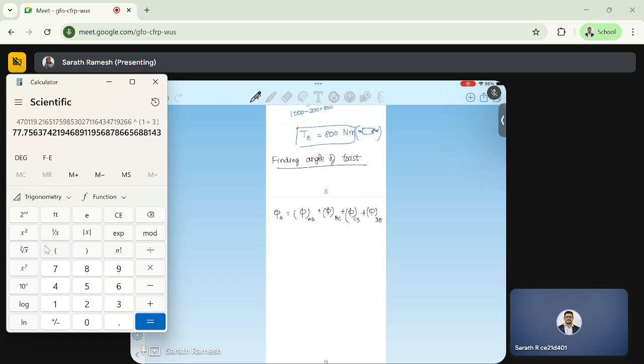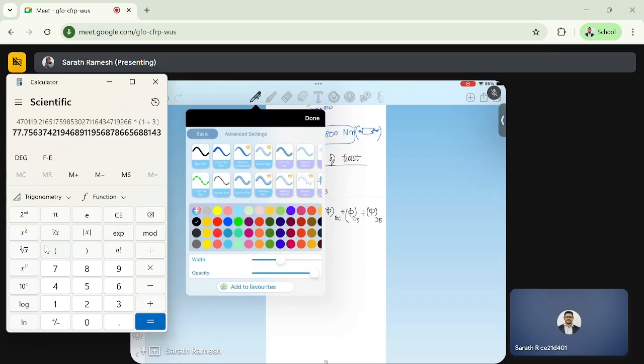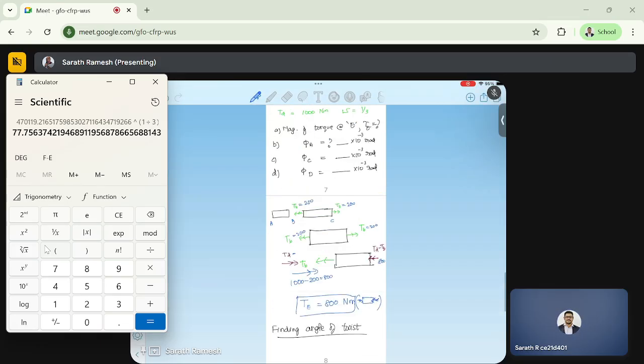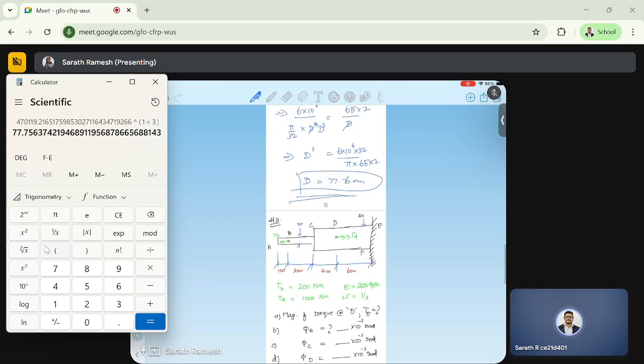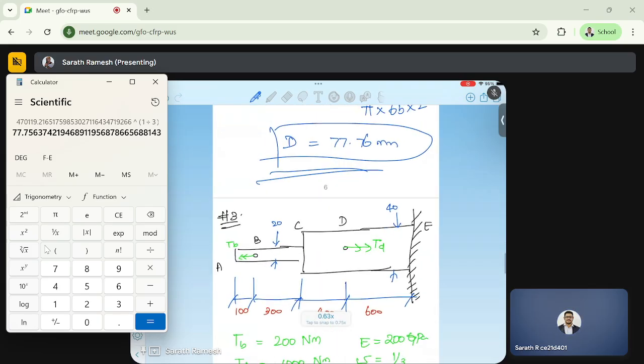Right. Because when we twist this, the twist at A will be the summation of all the twists which are occurring. We can visualize it, right?